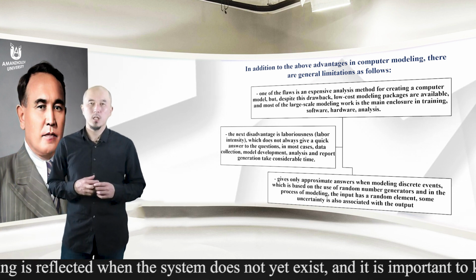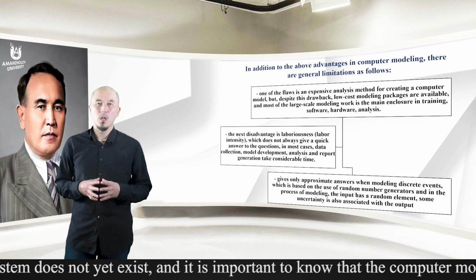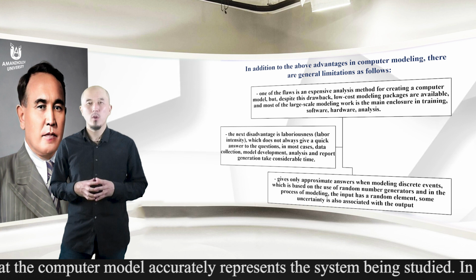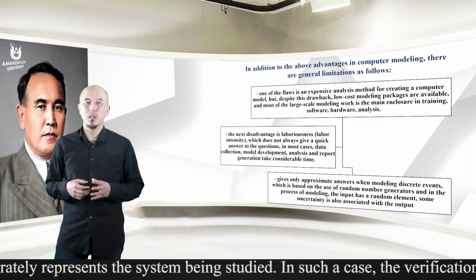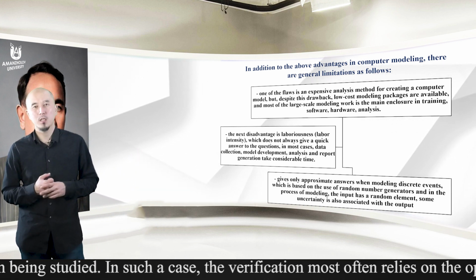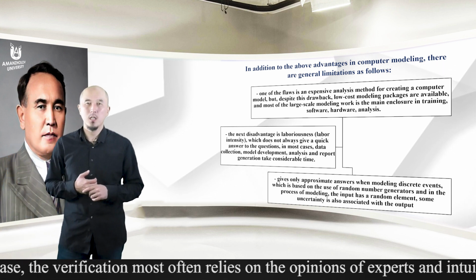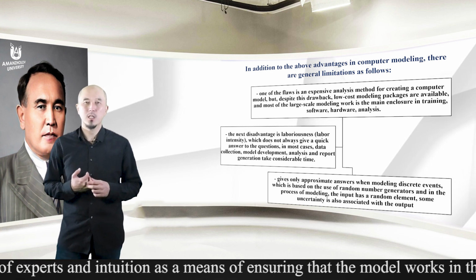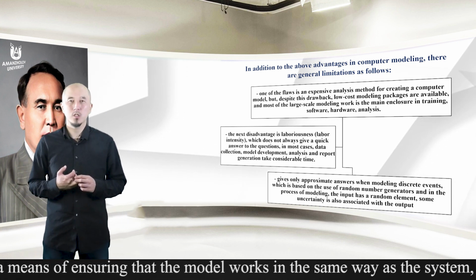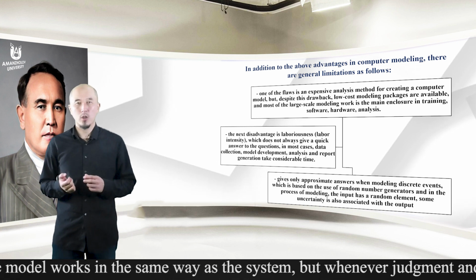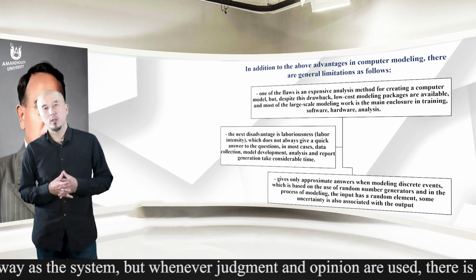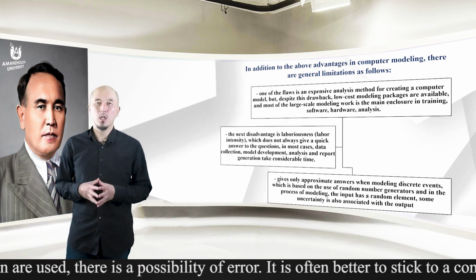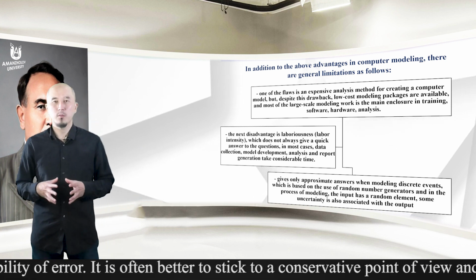Basically, the complexity of testing is reflected when the system does not yet exist, and it is important to know that the computer model accurately represents the system being studied. In such a case, the verification most often relies on the opinions of experts and intuition as a means of ensuring that the model works in the same way as the system, but whenever judgment and opinion are used, there is a possibility of error.